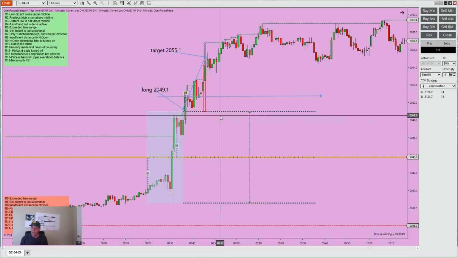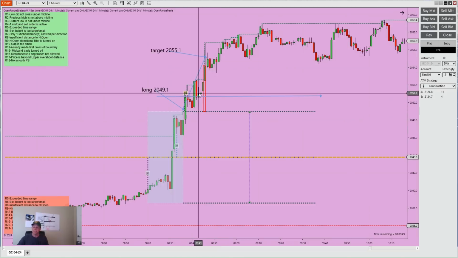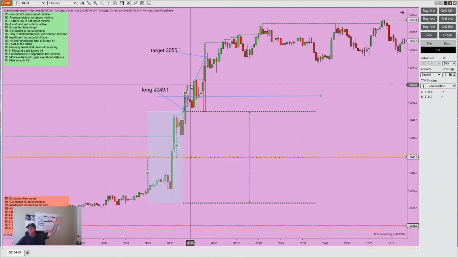I don't want to take any of these open range break trades if I'm within 20 ticks. That's how I have my settings. If from my entry to the overnight open I'm within 20 ticks, I'm not taking the trade, even though this is a 60 tick trade.